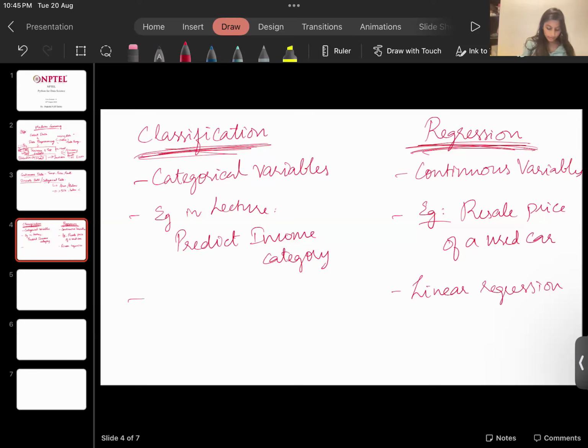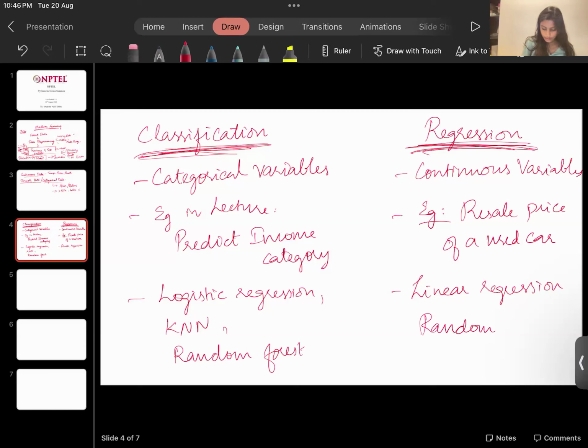What was covered in week 4 was logistic regression, K nearest neighbors, and random forest. Random forest can be used in this case as well.